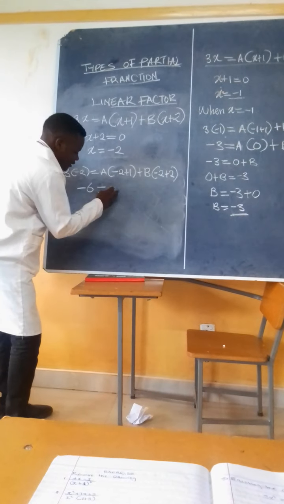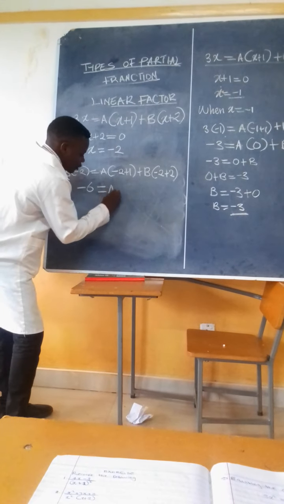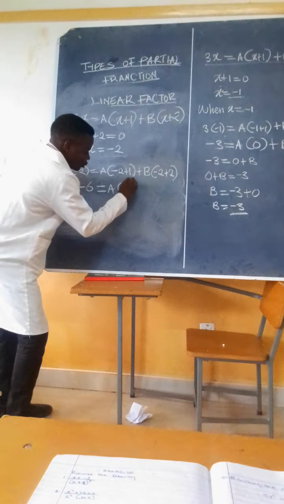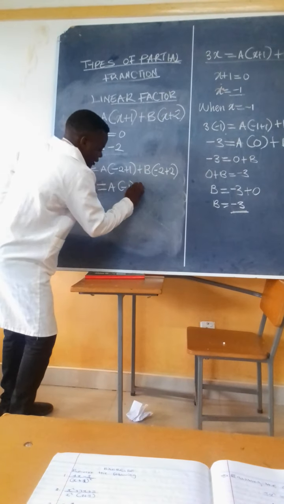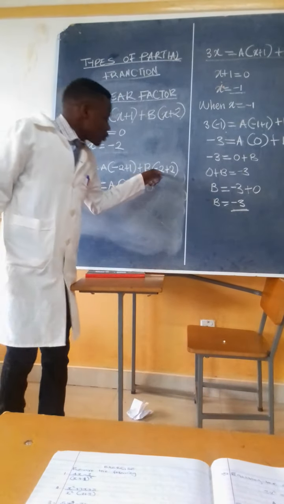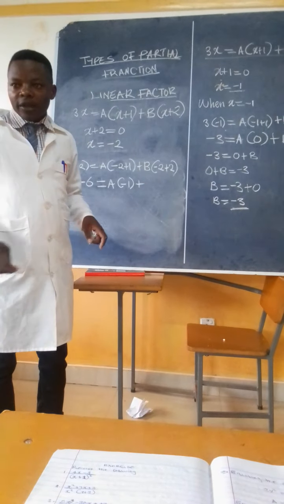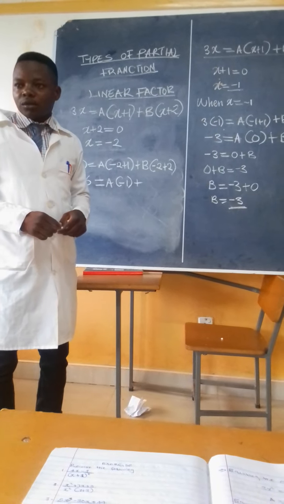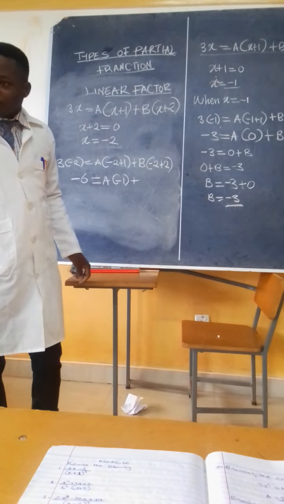So here the answer is negative 1, which is a, open brackets, negative 1, close bracket, plus negative 2 plus 2.